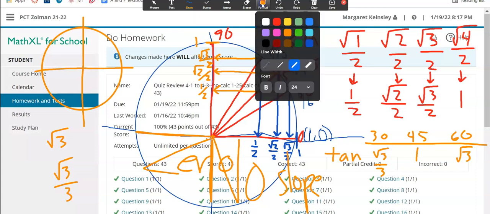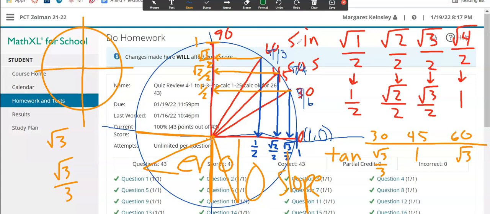Do you want me to count around the circle in pi over 6s or pi over 4s? 6s. Okay. 0, pi over 6, 2 pi over 6. Now, have I counted around the circle with you like this? 3 pi over 6. So if I was making my unit circle on the test, I could at least do this. Now, if I want to reduce them in my head, instead of calling that 4 pi over 6, I could call it 2 pi over 3.